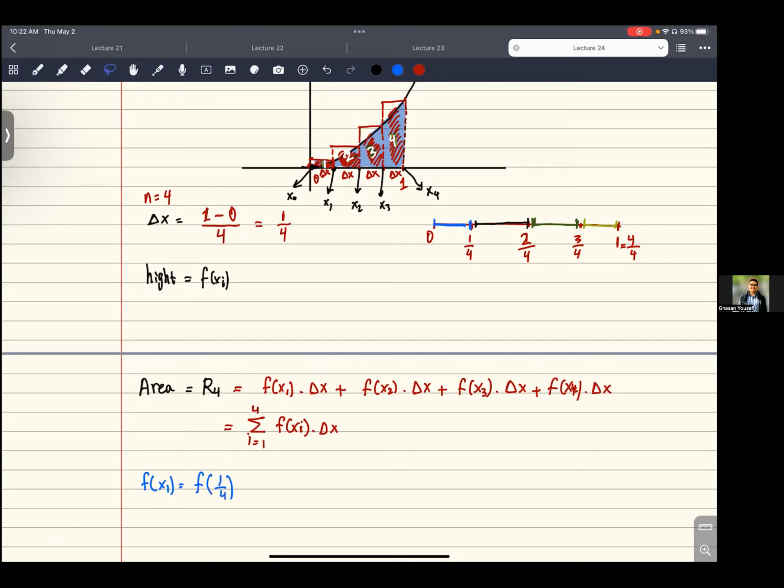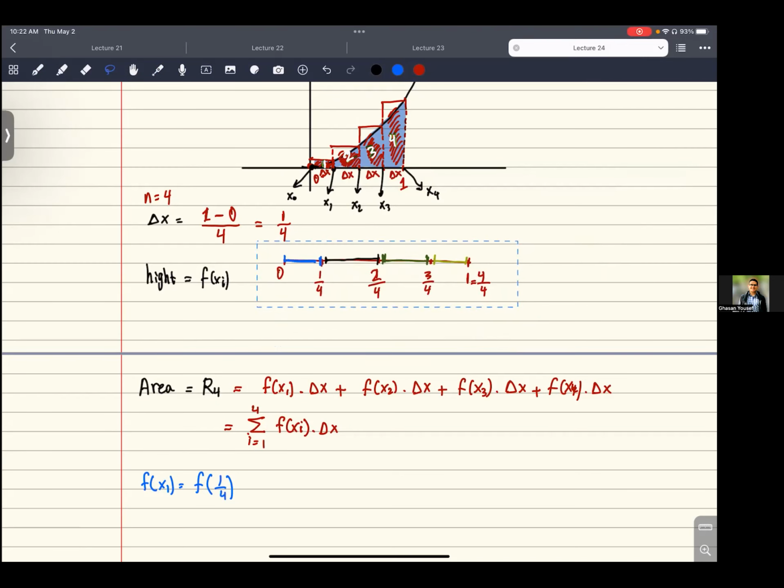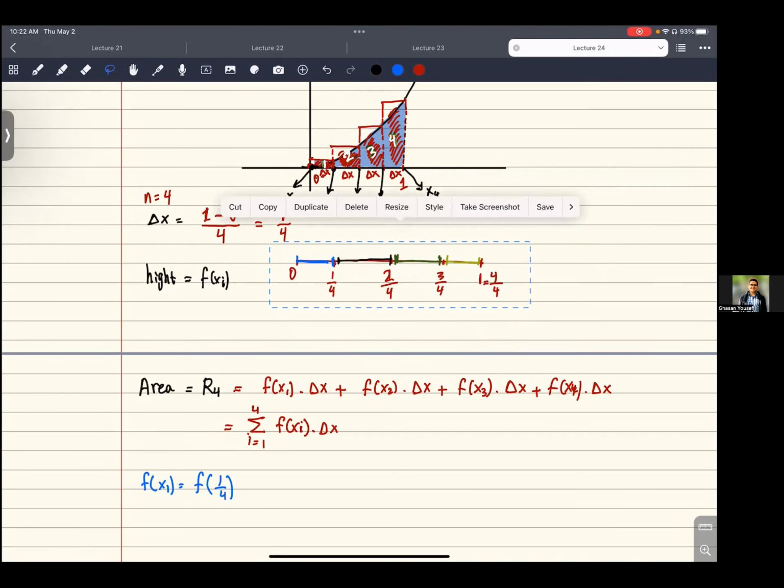Why? Because here is the graph of the line. This is x1, this is x2, this is x3, this is x4, and this is x0. So f of x1 is the same as f of 1 over 4.